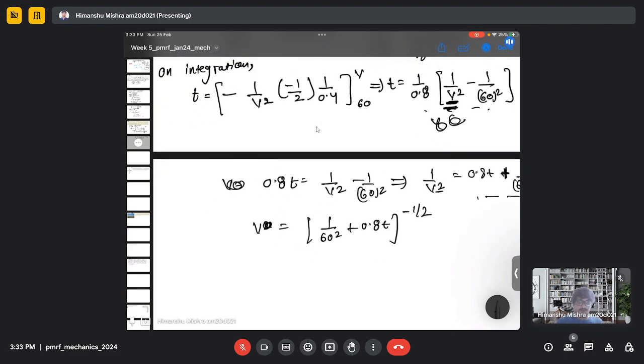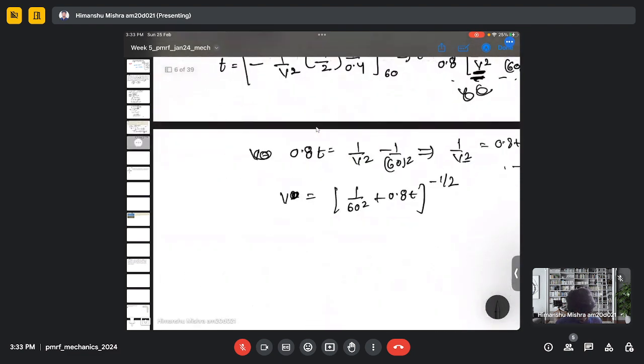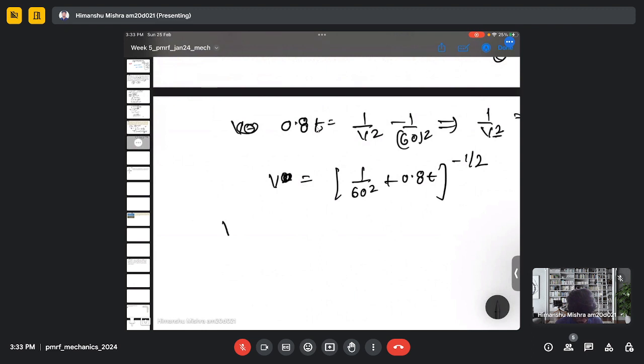So this is my expression for velocity, and we need to find the velocity at time t equal 4 seconds. So it will be 1 by 6 square plus 0.8 times 4 to the power minus 1 by 2.